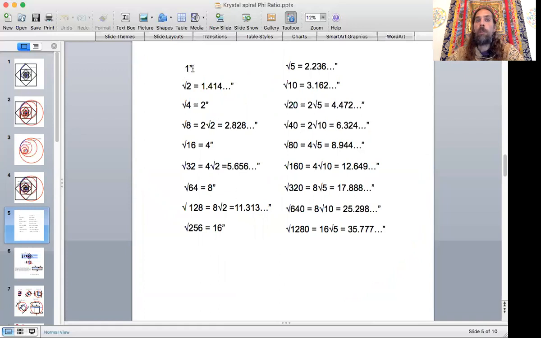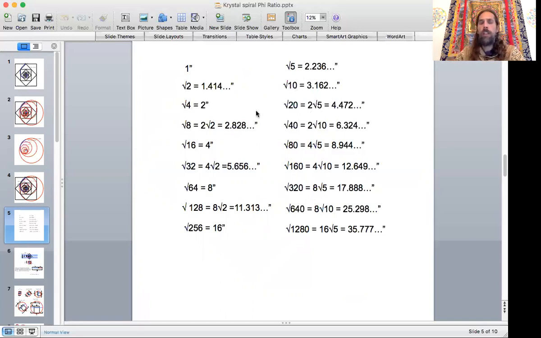So we're going to start with our 1 inch square connected to that root 5, 2.236 circle. And then the next one in line would be the root 2, the 1.41. That's connected to the root 10. The root 4, the 2 inch square, is connected to the root 5 times 2.